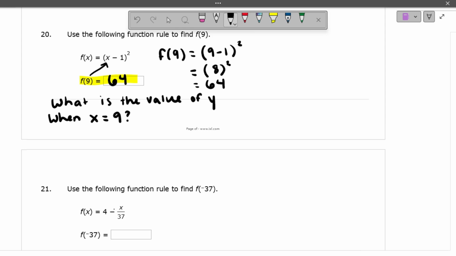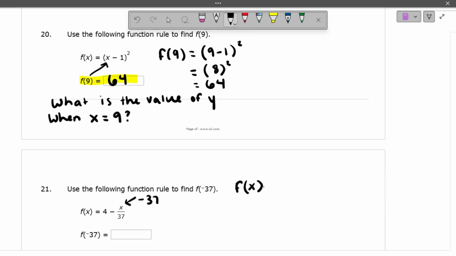All right, and then 21, use the following function rule to find f of negative 37. So once again, this negative 37 is telling us that the value of x right there should be negative 37. So I'm going to write it over here.